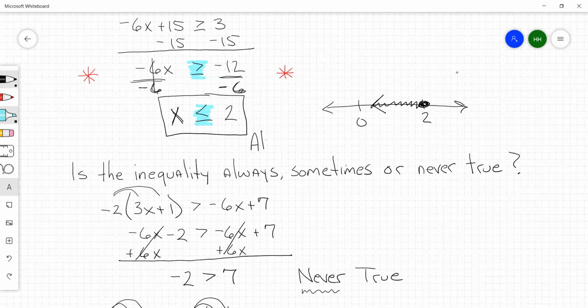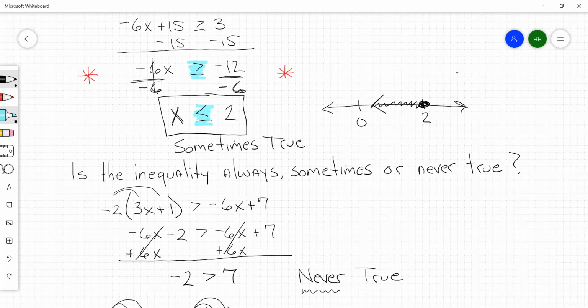When you get what I'll call just a normal looking answer, this would be sometimes true. And the time that it's true is when x is less than or equal to 2. Okay?